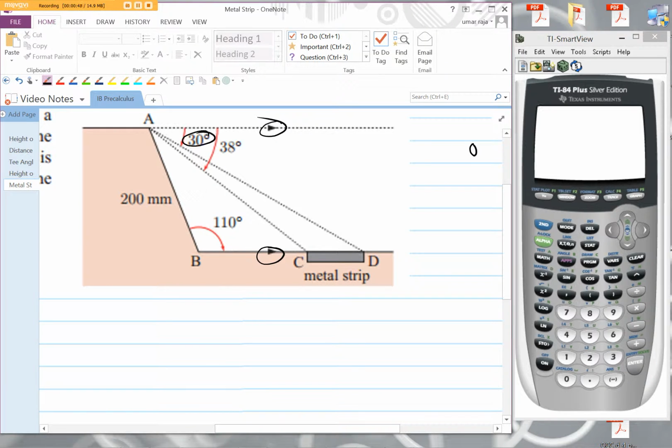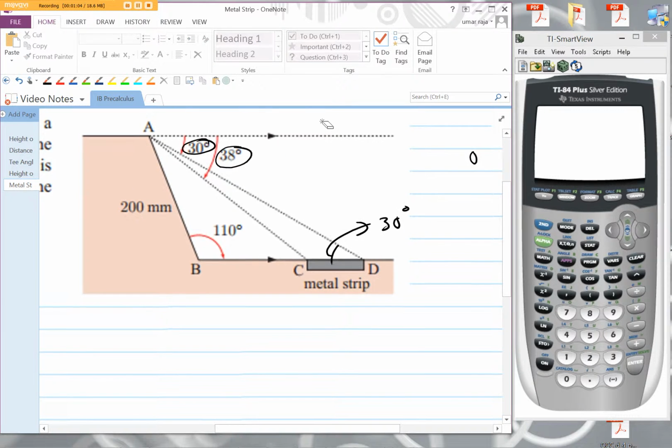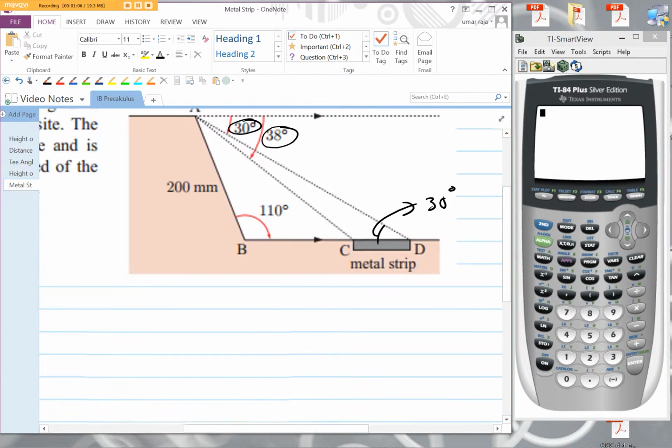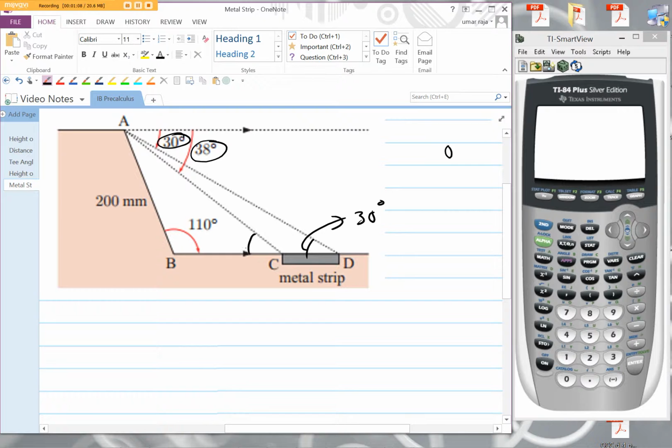So if this angle is 30 degrees, and this line is parallel to this, that in turn means that this angle over here has to be 30 degrees. And if this one is 38 degrees, then let's just erase these markings real quick. It means that this has to be 38 degrees.